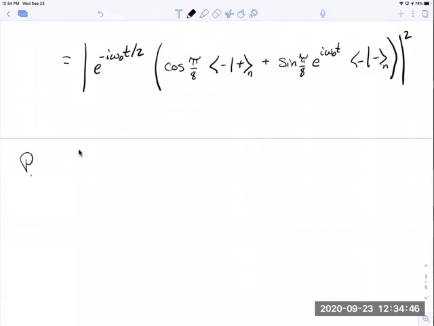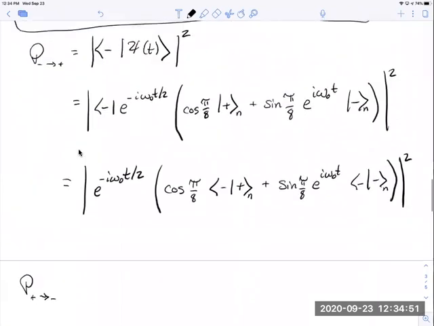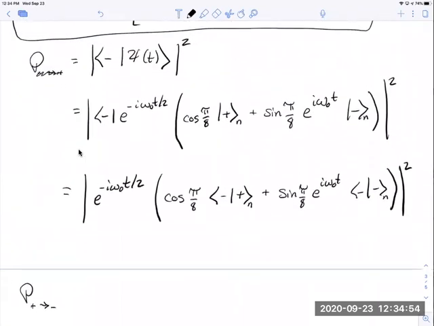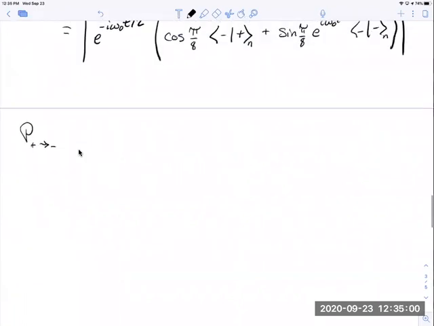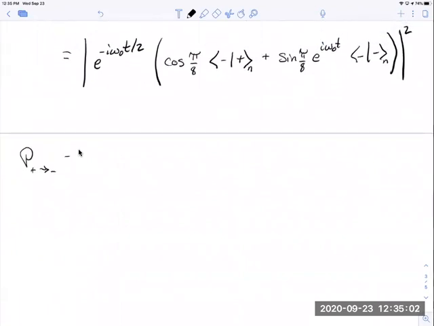So this is the probability of plus then being seen as a minus. Let's make sure I wrote all this, sorry. So looking at this, I can see that this term, e to the minus i omega naught t over 2, if I square it, I then take the complex conjugate, this times its complex conjugate, that gives me 1. And then I'm going to square this cosine of pi over 8, this overlap of the negative z direction times positive n hat.